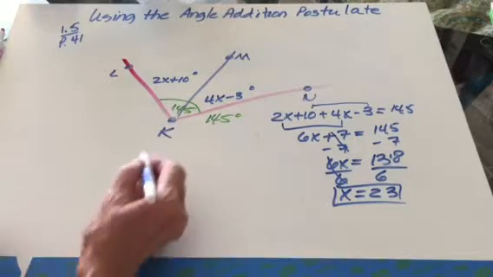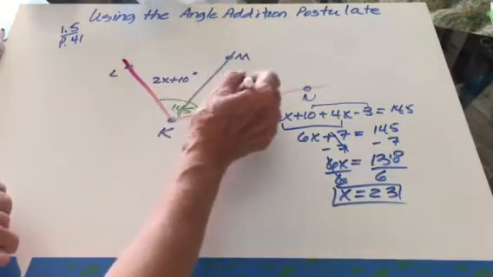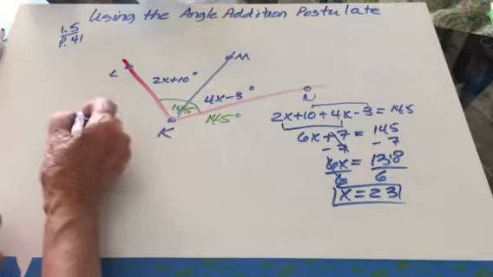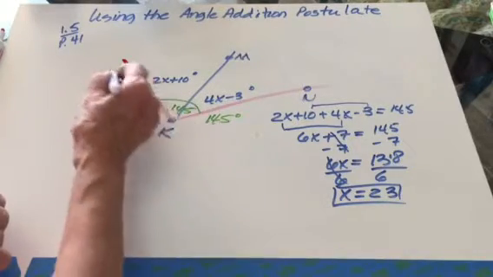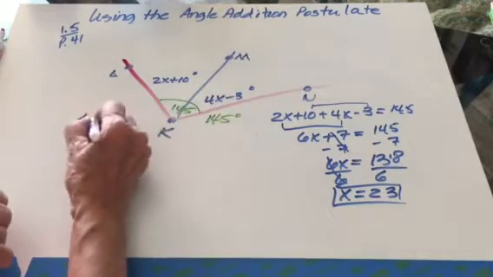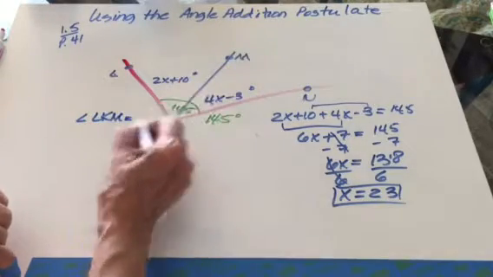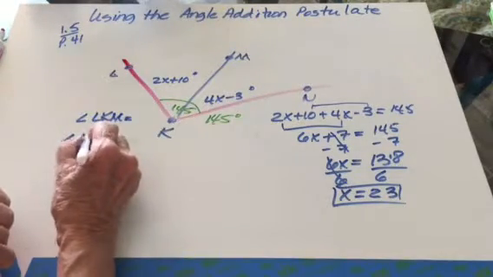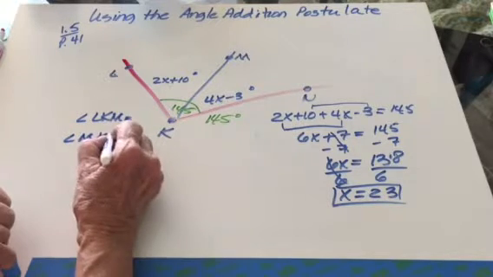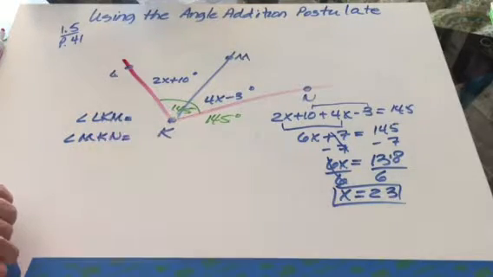But the problem is saying, how big is this guy and how big is this guy? How big is angle LKM? And how big is angle MKN? How big are those two angles?